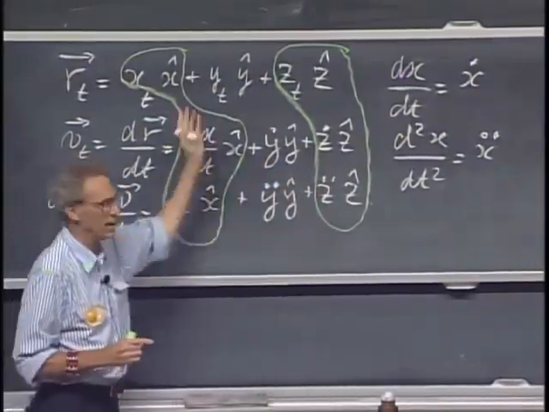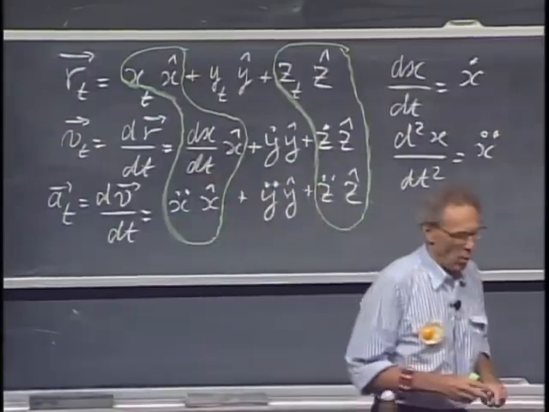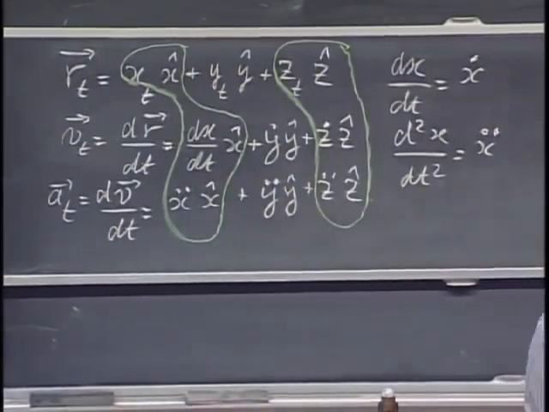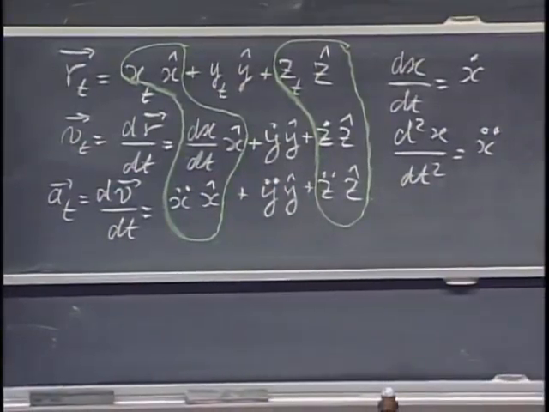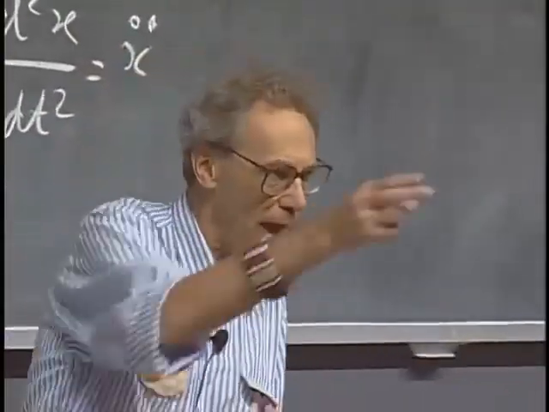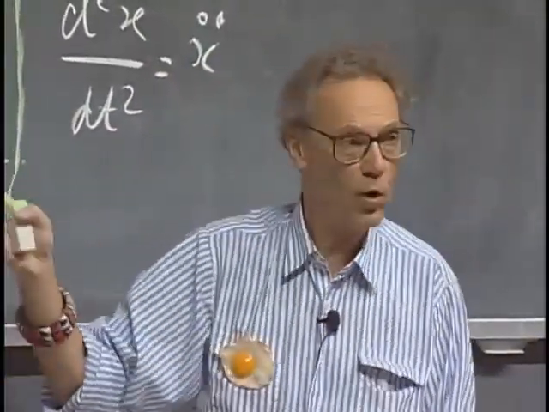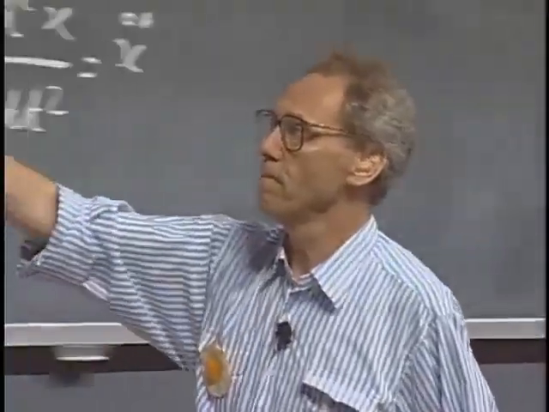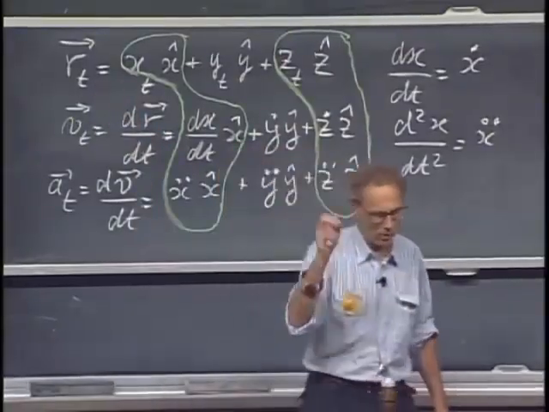And here you have the y. In other words, we have now a three-dimensional motion we have cut into three one-dimensional motions. This is a behavior only along the x-axis, this only along the y-axis, and this only along the z-axis, and the three together make up the actual motion of that particle.